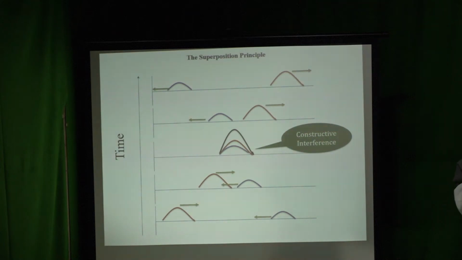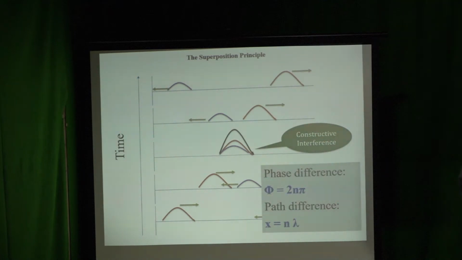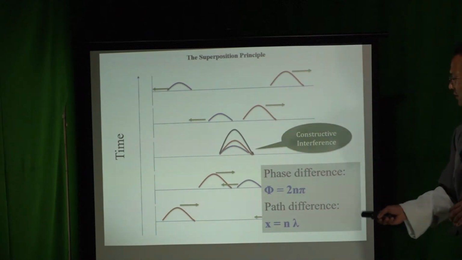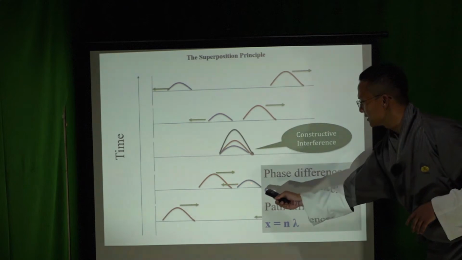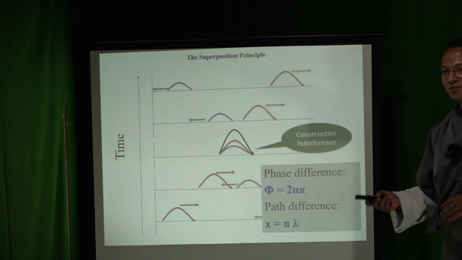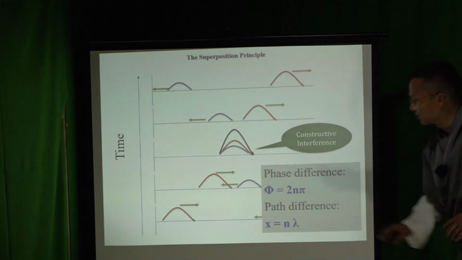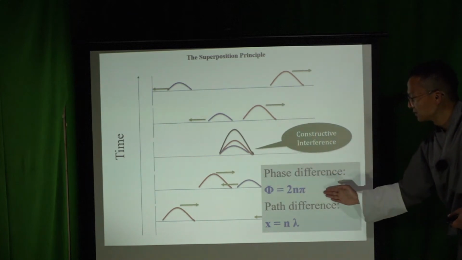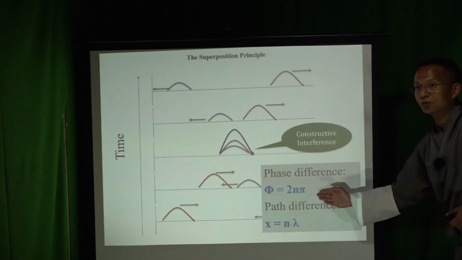And to have constructive interference, you need to know these two important conditions. For constructive interference to take place, the phase difference between two waves, for example, this wave and this wave, should be 2nπ, and the path difference should be nλ. And if you look at these two formulas, we can clearly see that phase difference talks about the angle between two waves.